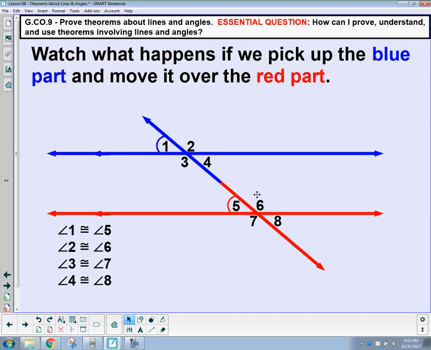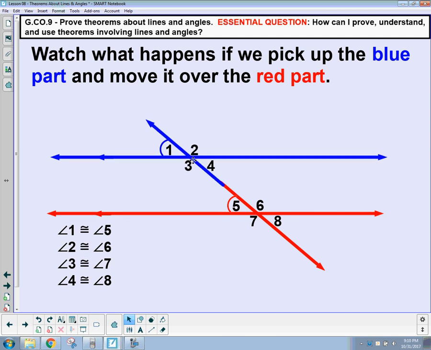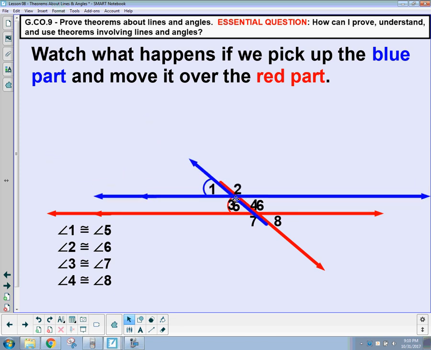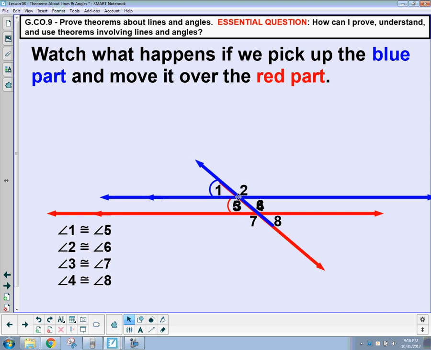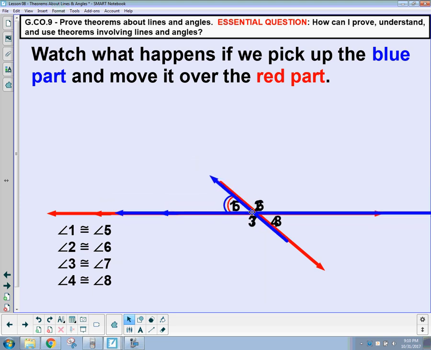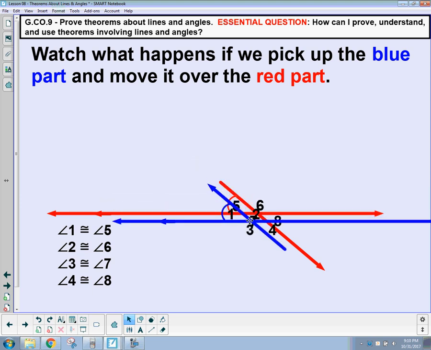So, watch what happens if we pick up the blue part and move it over the red part. Isn't that wild? Notice they're all congruent. And notice how 1 corresponds to 5, 2 to 6, 4 and 8, 3 and 7.